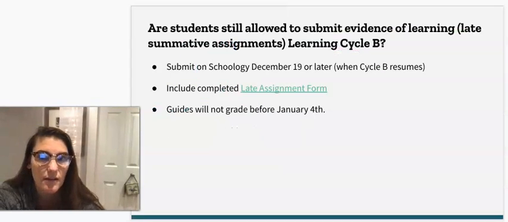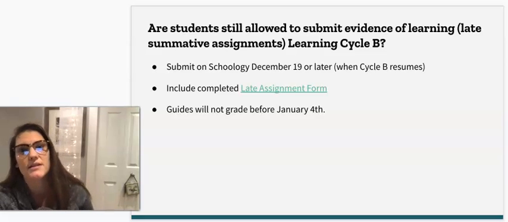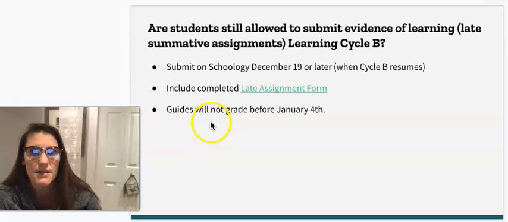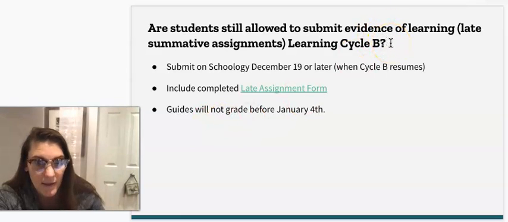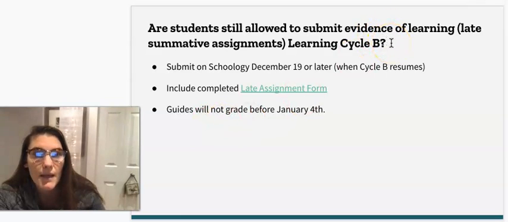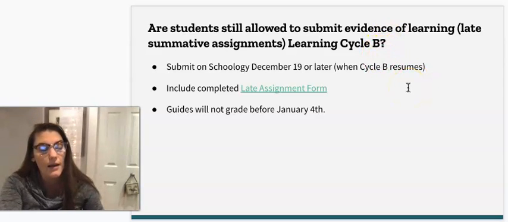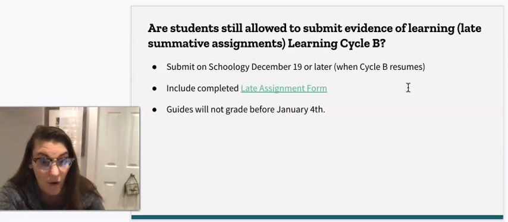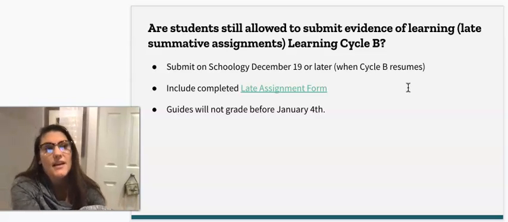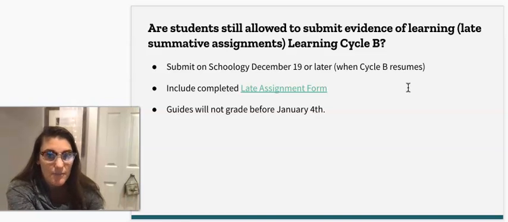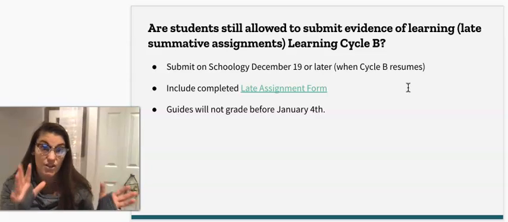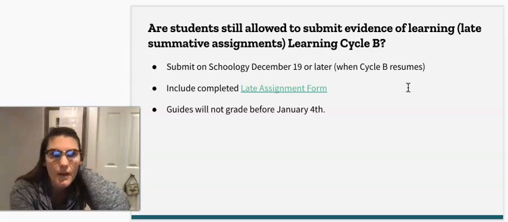So, are students still allowed to submit evidence of learning, late summative assignments, during cycle B? So cycle B ends on the 10th, tomorrow. And if a student is needing to submit a summative assignment or a summative evidence of learning after a day or 2 of it, they can talk to their guide and make a plan.